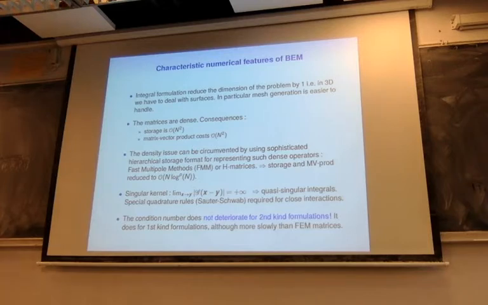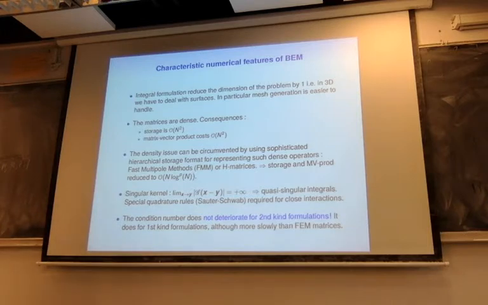A few words about characteristic features of the boundary integral equations. The first important feature is that when you reformulate a problem with a boundary integral equation, you reduce the dimension of the problem by 1. So there are fewer unknowns. In 3D, you deal with surfaces instead of volumes.